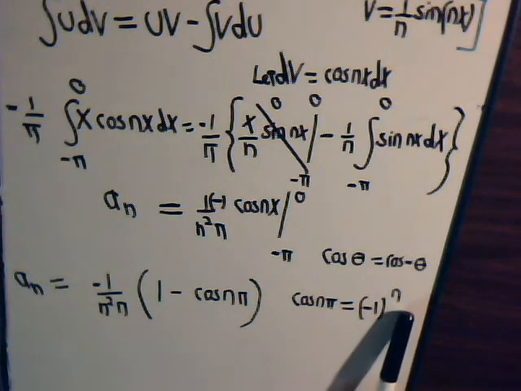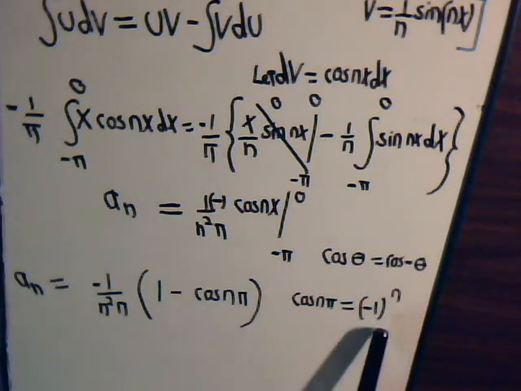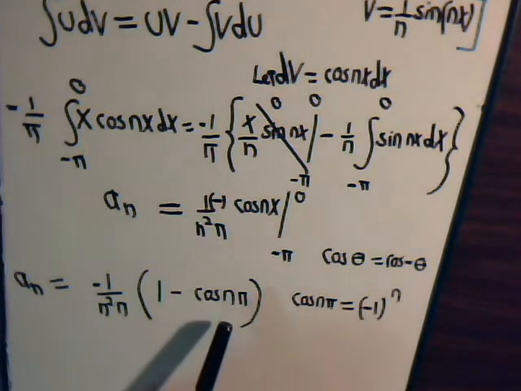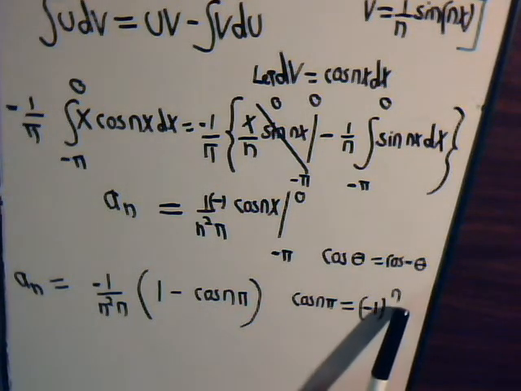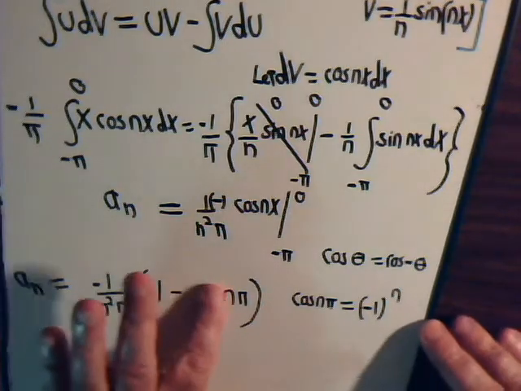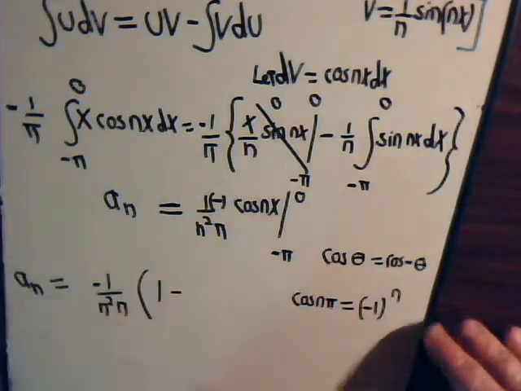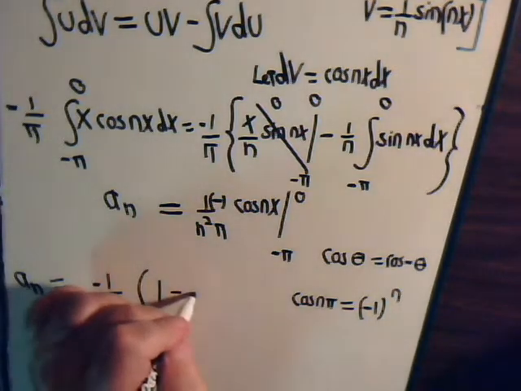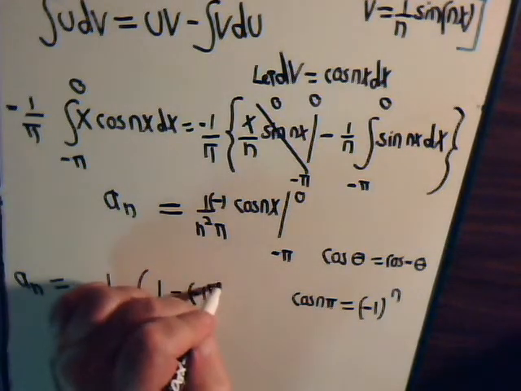When this is an odd number exponent, this is negative 1. When n is even, cosine of 2 pi or 4 pi, that's 1. When that's an even exponent, that is 1. So we have then that a sub n is equal to this: 1 minus negative 1 to the n.